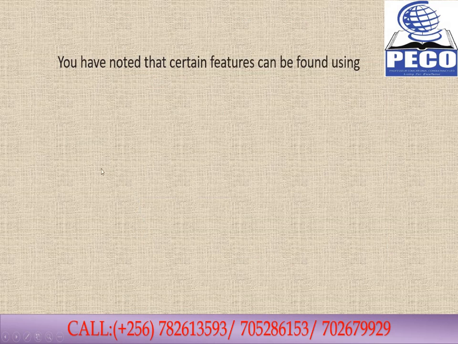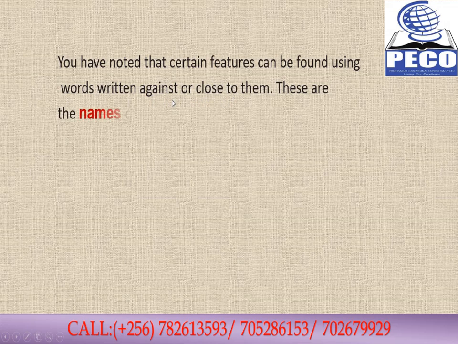Therefore, we have noted that these features can be found using words which have been written either close to them or against them. And in map reading, these are called the place names or the place labels, or feature names or feature labels.